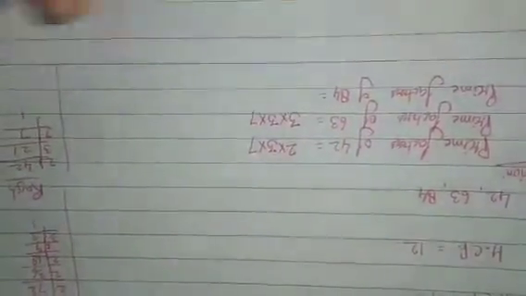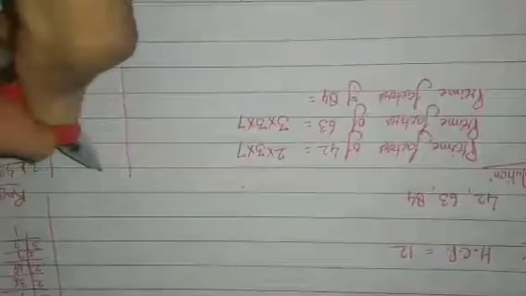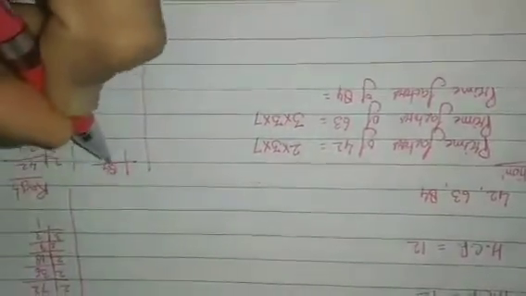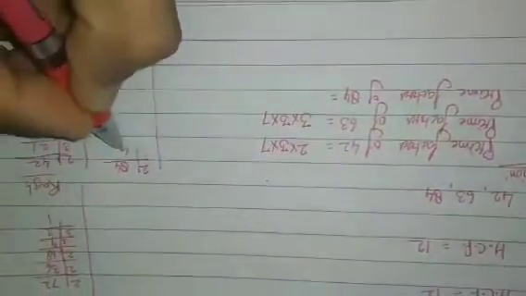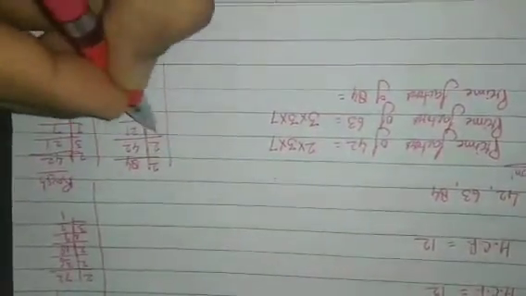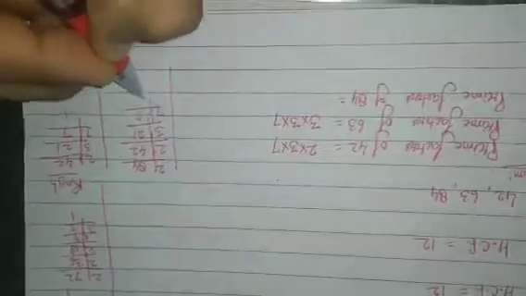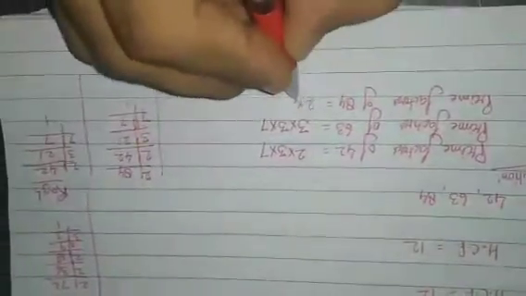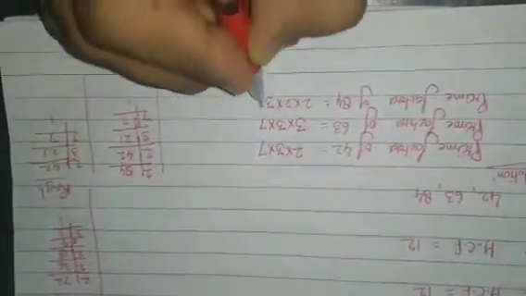Okay, now the last number given is 84, so I will find it too. 84 will be divisible by 2. 2 forty-twos are 84, 2 twenty-ones are 42, then 3 sevens are 21, then 7 ones are 7. So you have found 2 into 2 into 3 into 7.